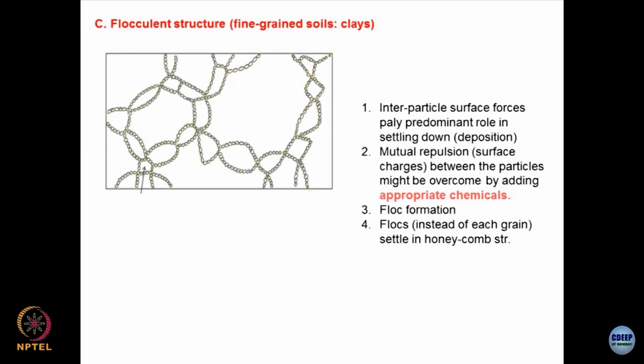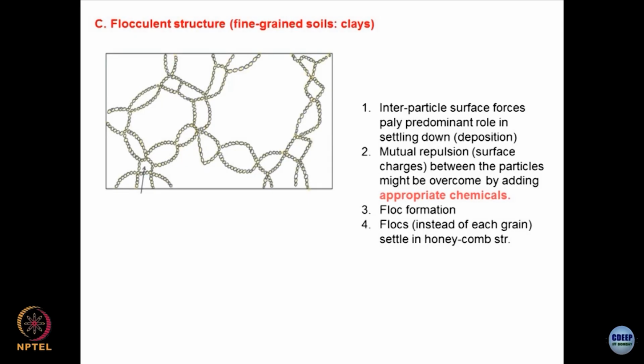However, this type of repulsion can be nullified if I inject some chemical into it, and that is the genesis of stabilization of the soils, which we were discussing in the previous lecture. So, stabilization of the soils can be done by injecting some chemicals which would nullify the charge, alright. Flock formation is an important thing, and these flocks act as independent grains.